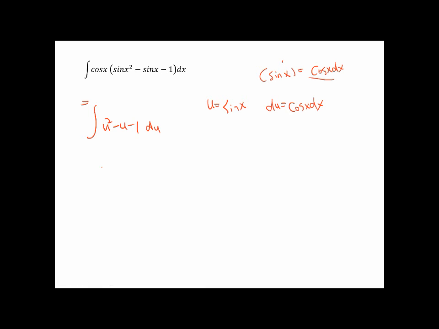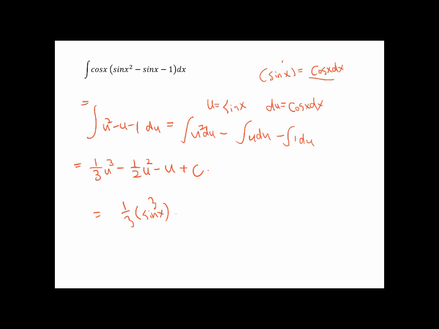Cosine x dx, which is 1/3 u cubed minus 1/2 u squared minus u plus c. So this part actually is the integral of u squared du minus the integral of u du minus 1 du, right? So plug back u, which is 1/3 sine x cubed minus 1/2 sine x squared minus sine x plus c.